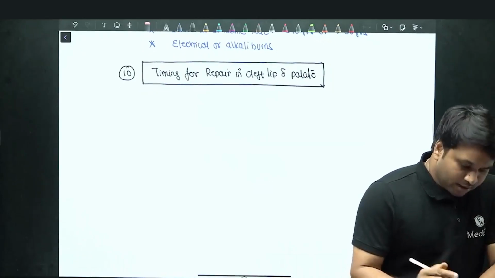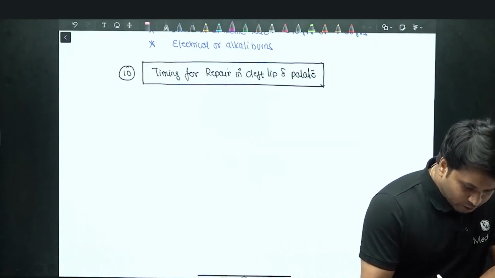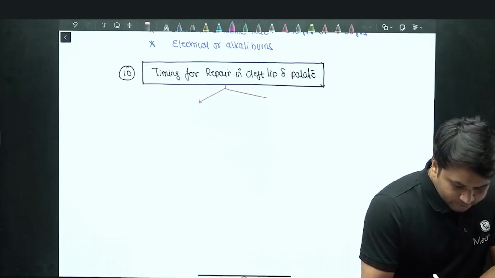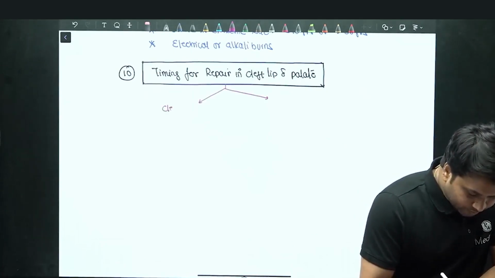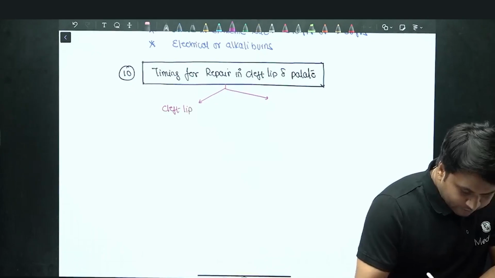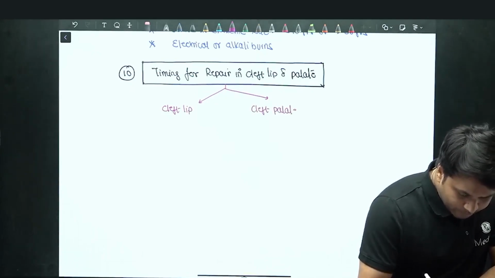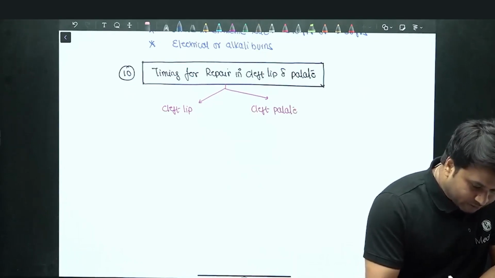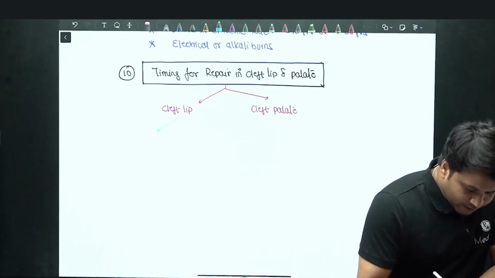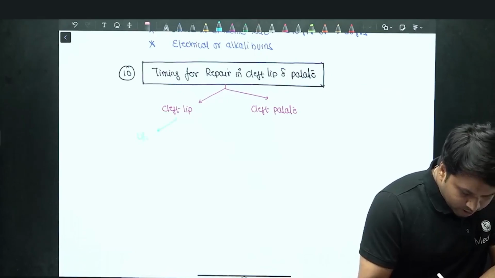Now, it's very simple. The first thing you will see is whether you're talking about a cleft lip or a cleft palate. If you're talking about the cleft lip, I will see whether it is a unilateral or a bilateral cleft lip.